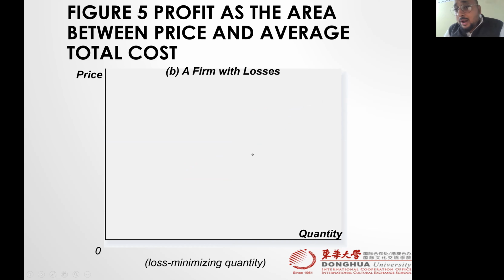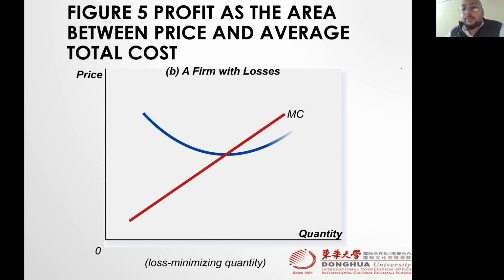So can you identify loss? Loss is when your average total cost minus price, or you can just say when the answer is negative, when the price is below the average total cost. So we have the two cost curves, MC and ATC.